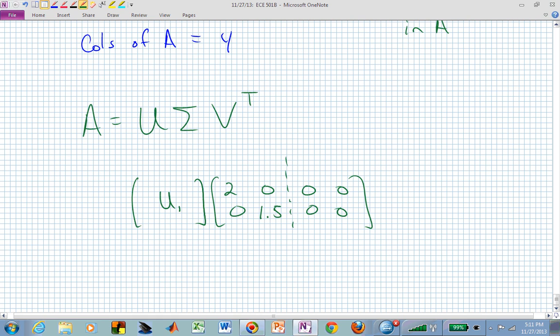U2 is basically non-existent, right? I don't have any orthogonal complement to the range space of A in this two-dimensional space. I have a two-dimensional space that A is mapping into, and I have 2 non-zero singular values.